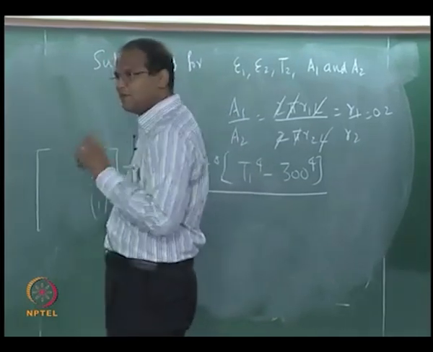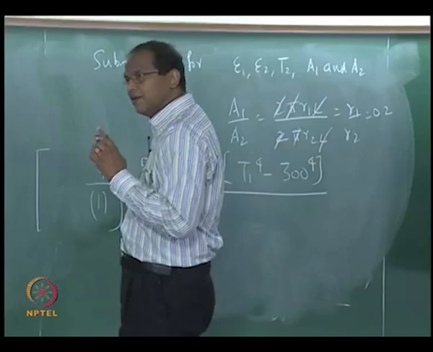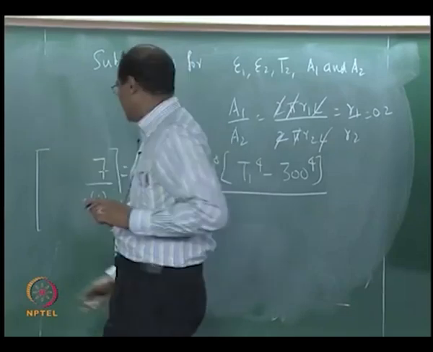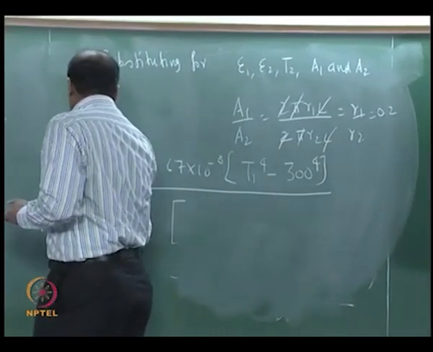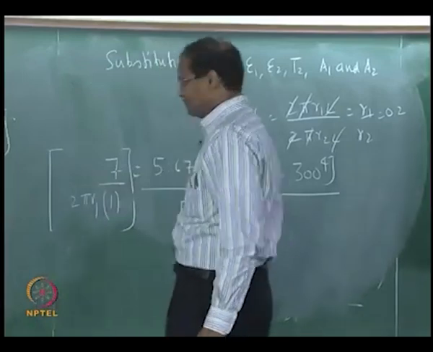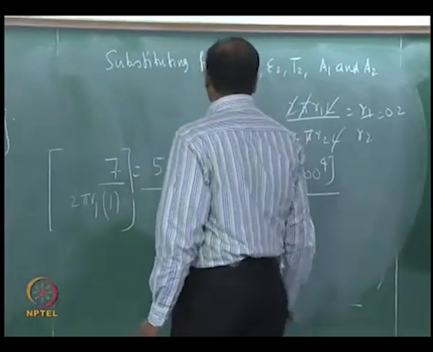I gave 7 watts per meter length, therefore I have to still have 2 pi R1, correct? Okay, now what is 1 by epsilon 1?